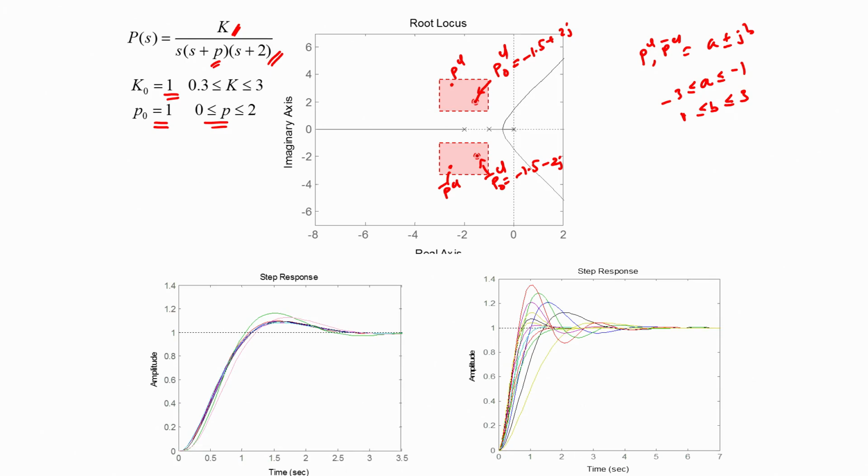Now, if you look at the graph on the left, we have insisted in this particular case that the variation be extremely small, and the price that we saw that we had to pay when we undertook the design was that our controller, the feedback controller, ended up having a much larger bandwidth than the overall transmission function as a consequence of having to restrict the variation of the closed loop response due to uncertainty in the plant's parameter. So, that was the price that we needed to pay in the case when we undertook the design using the root locus.